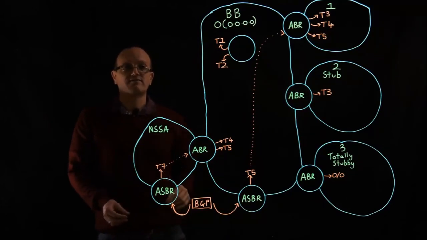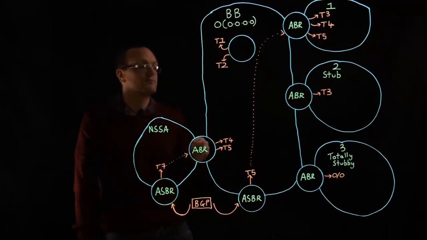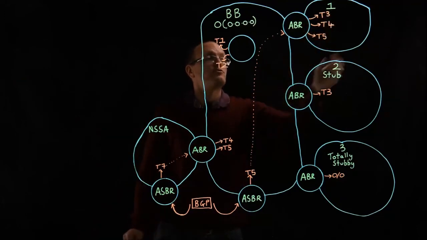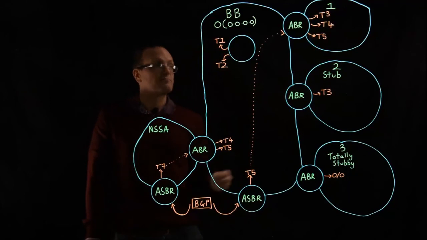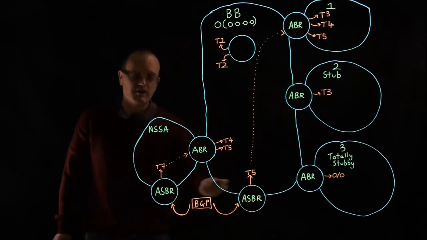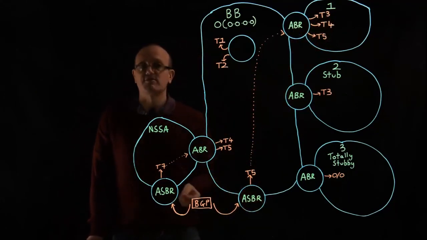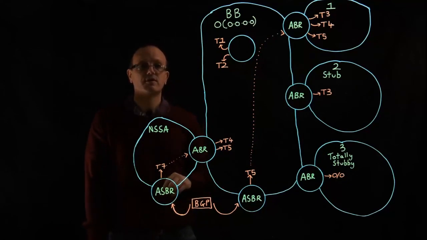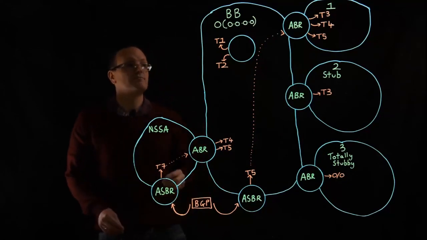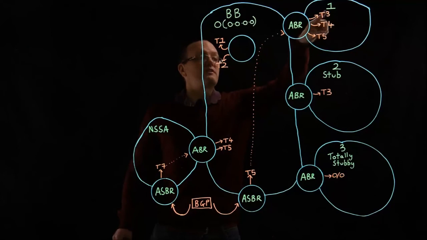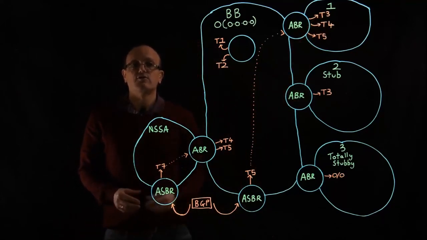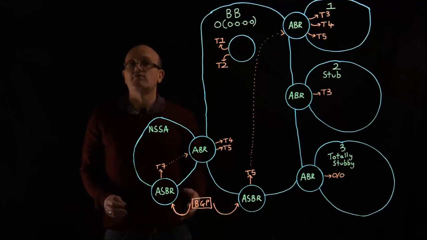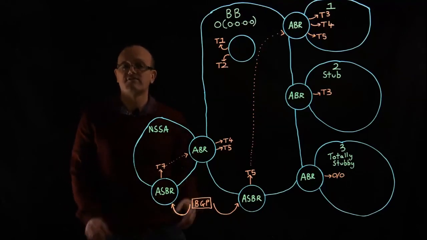Type 4 LSAs, or ASBR summaries, just describe to routers connected to other areas how to reach the ASBR that first redistributed that external route. And this summarization, the use of these type 3 LSAs, means that we can scale to much larger numbers of OSPF speaking routers within our OSPF domain.